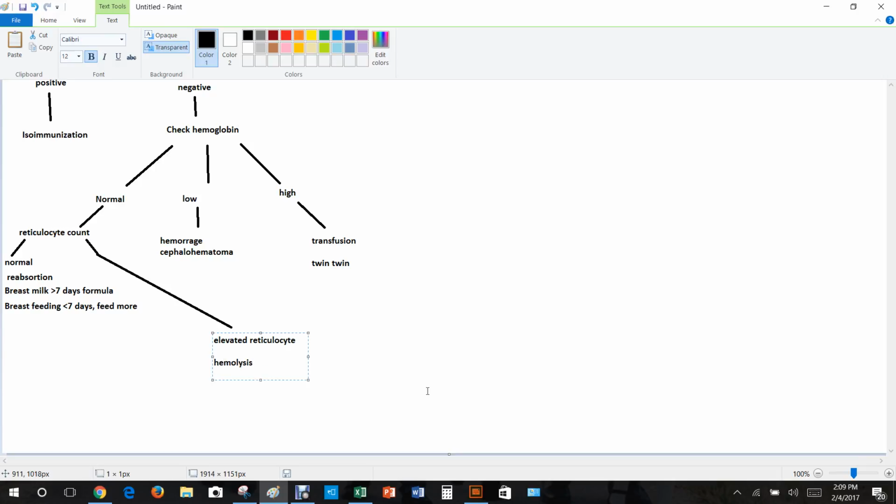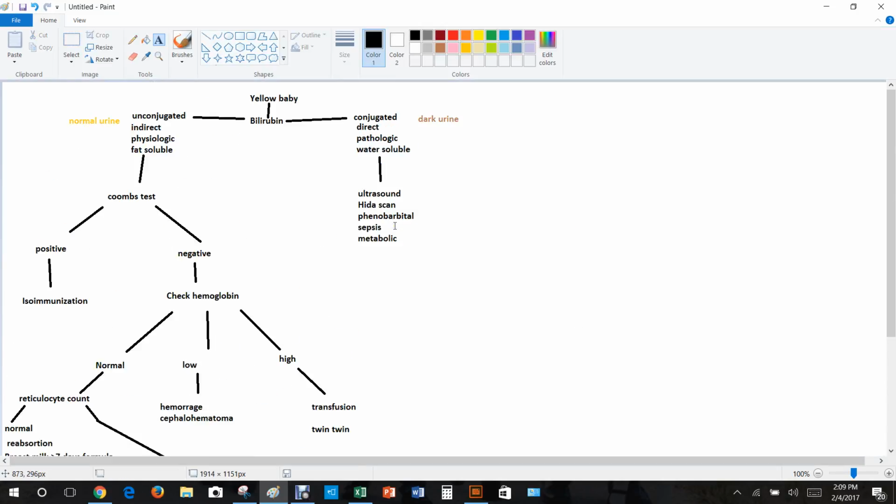And if there's hemolysis, then we're thinking maybe G6PD deficiency, or maybe a pyruvate kinase deficiency, or something like that, or hemoglobin SS. Those sorts of things, okay? That kind of gives us a little bit of an idea of what we're dealing with here.